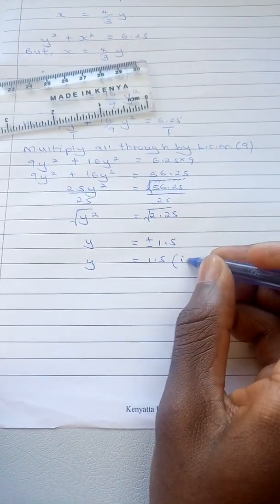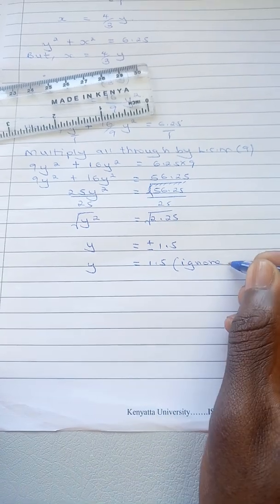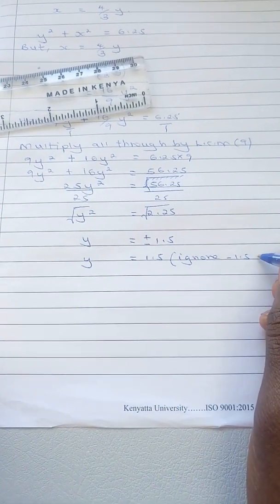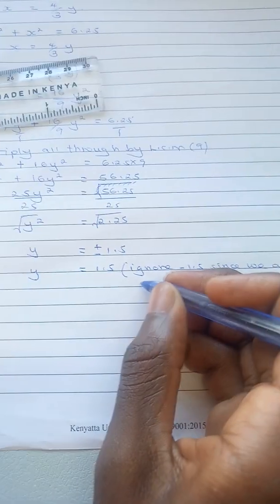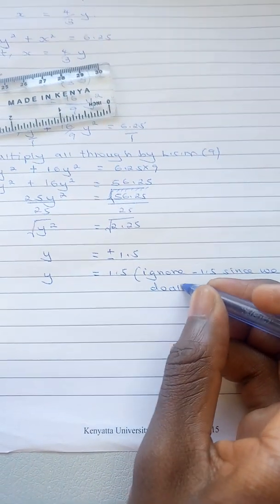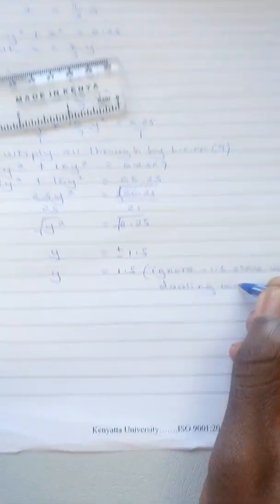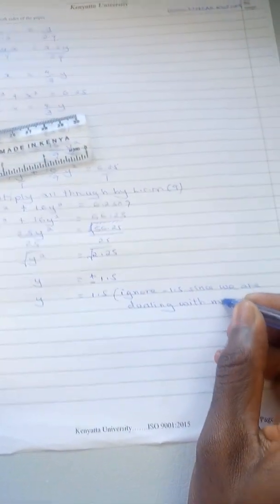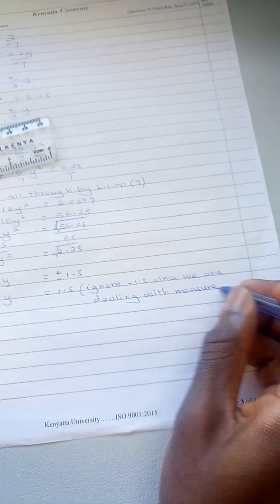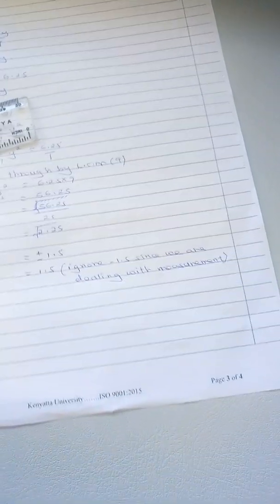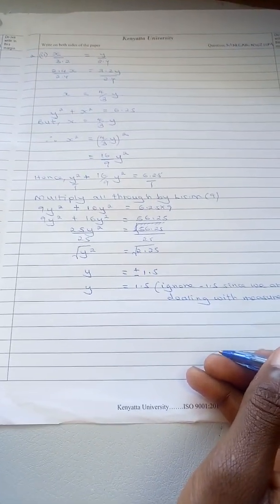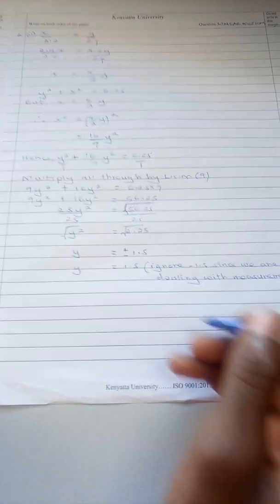Ignore negative 1.5 since you're dealing with measurement. So you have a value of y. Let's find out the value of x.